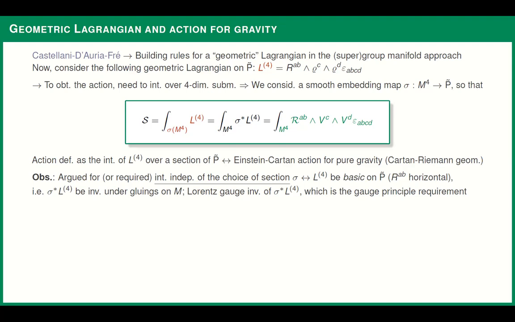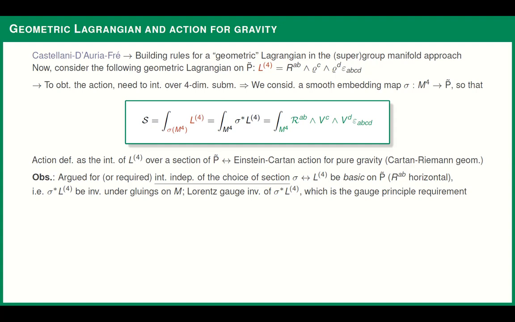So the pullback of L4 has to be invariant under the groupings of M, and it just reflects the Lorentz gauge invariance of the pullback of L4, that is the requirement of the gauge principle.